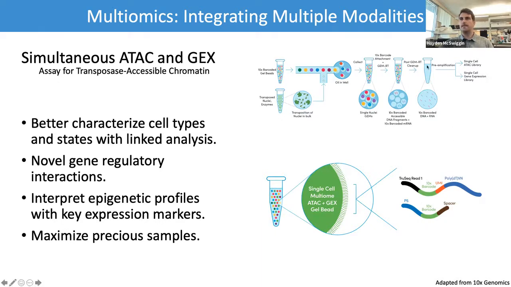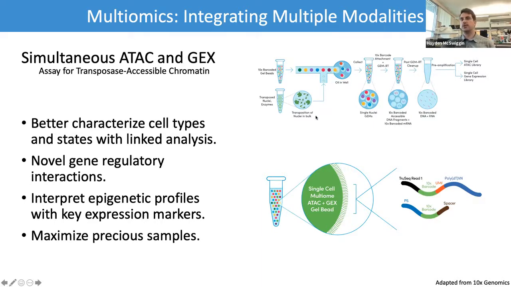The workflow here looks pretty similar to the single-cell RNA-seq, but before you sort your cells, you use an enzyme called the transposase enzyme, which will go into the nuclei and cut your chromatin in regions of open chromatin. So it fragments your chromatin in open chromatin regions.